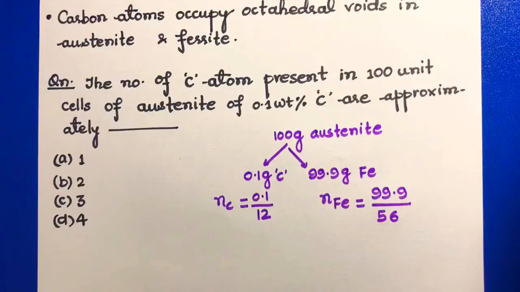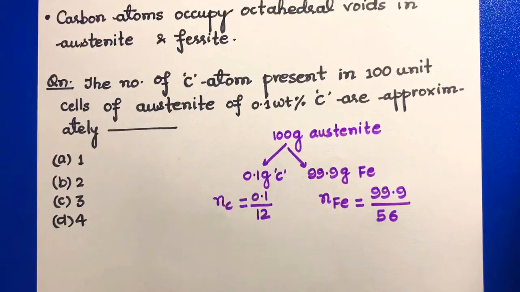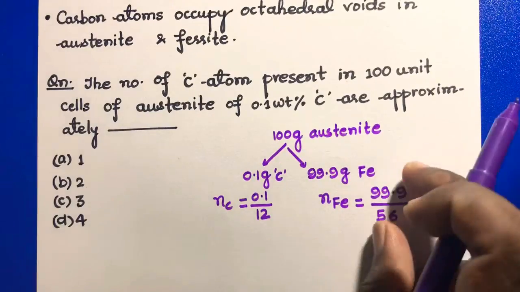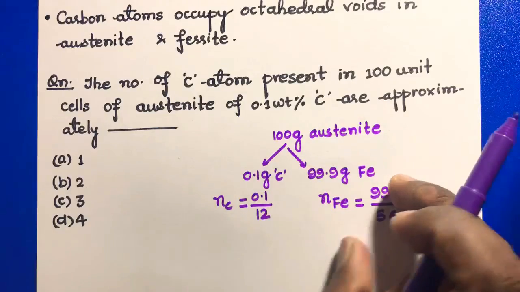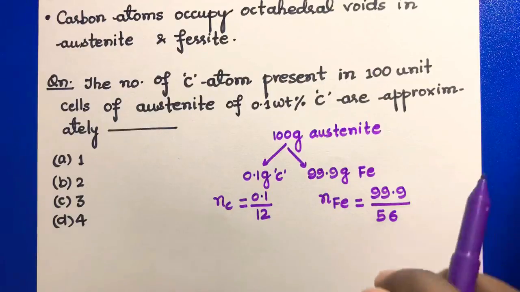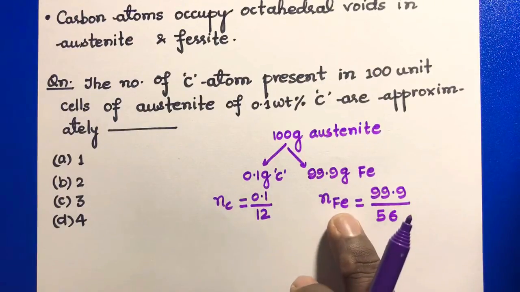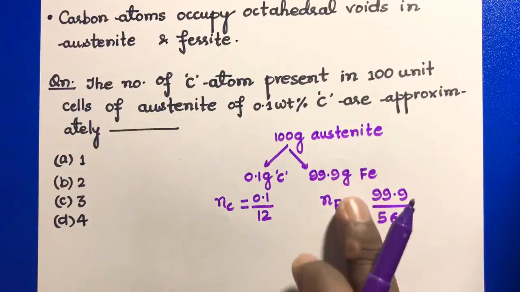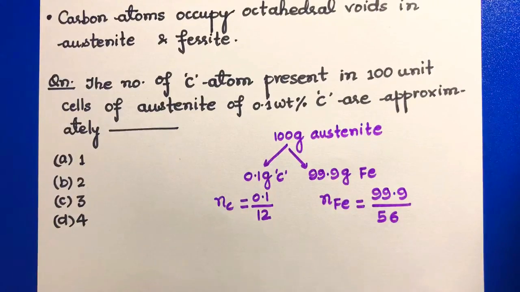Okay. Now, for every this much moles of iron, this much mole of carbon will be present in the austenite phase, or you can say the number of iron atoms will be just this number of moles multiplied with the Avogadro number.